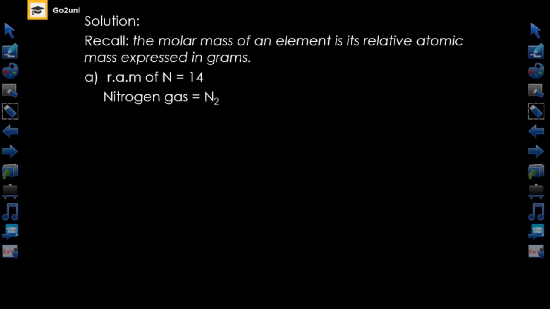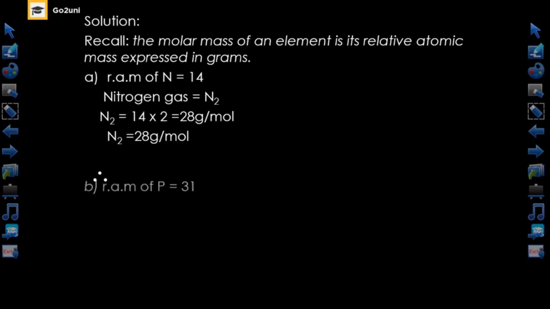Its relative atomic mass is 14. So the relative molecular mass of that element will be 14 times 2, which is 28 grams per mole. For phosphorus, the relative atomic mass is 31, so its molar mass will be 31 grams per mole.